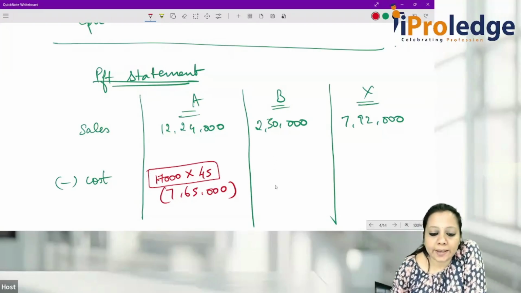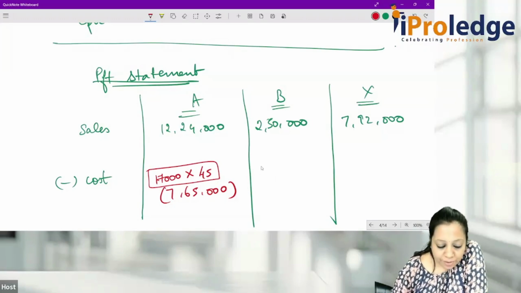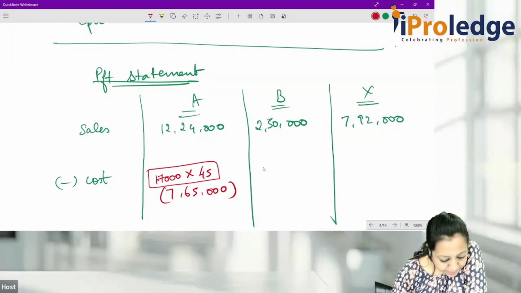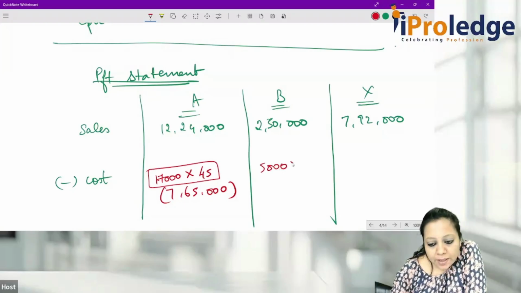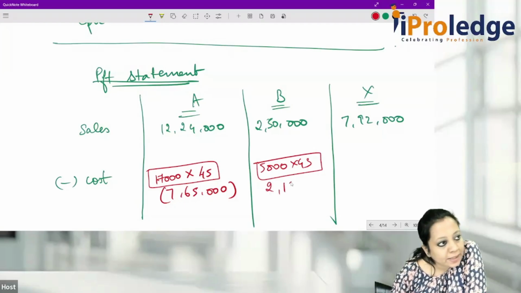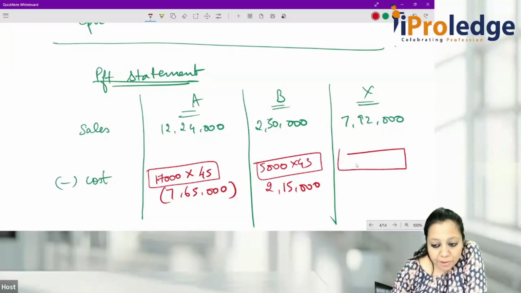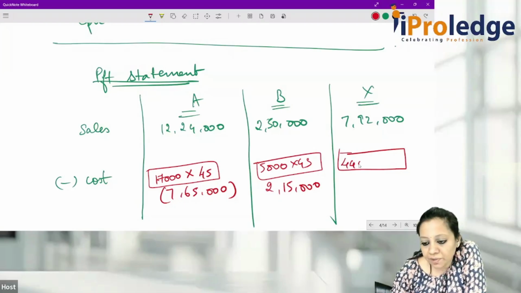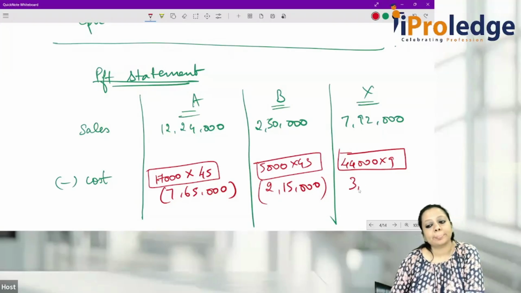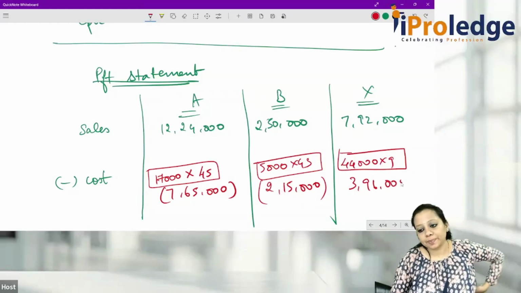Then for B, number of units sold was 5,000 into 43, that is 2 lakh 15,000. For X, 44,000 units sold into 9, that is 3 lakh 96,000.